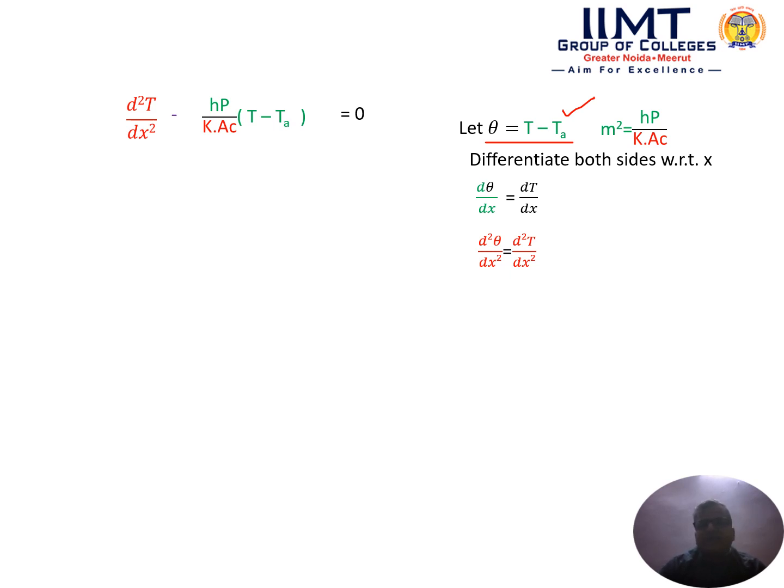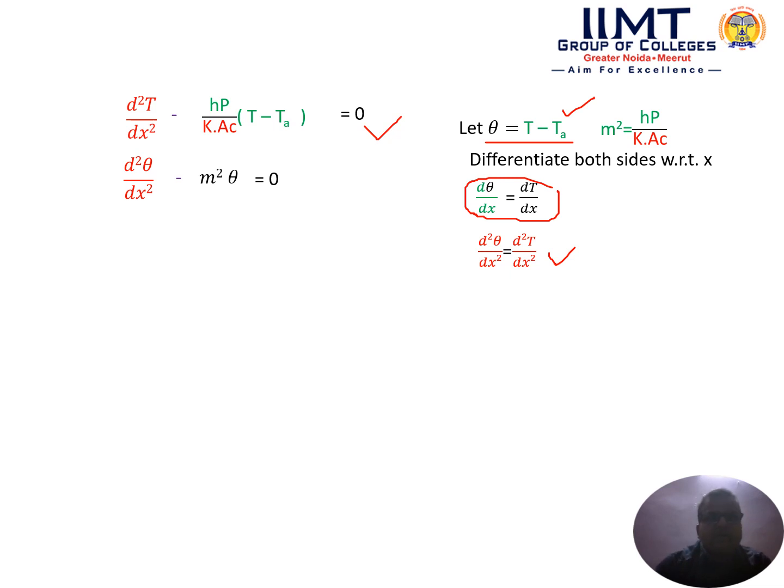Putting these values in the equation, we get d square theta upon dx square minus m square theta equal to 0.